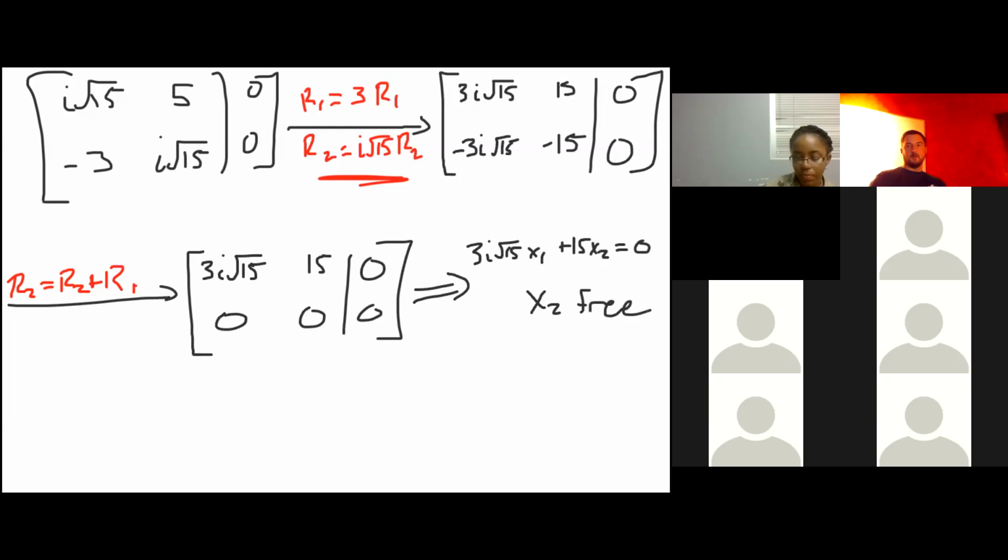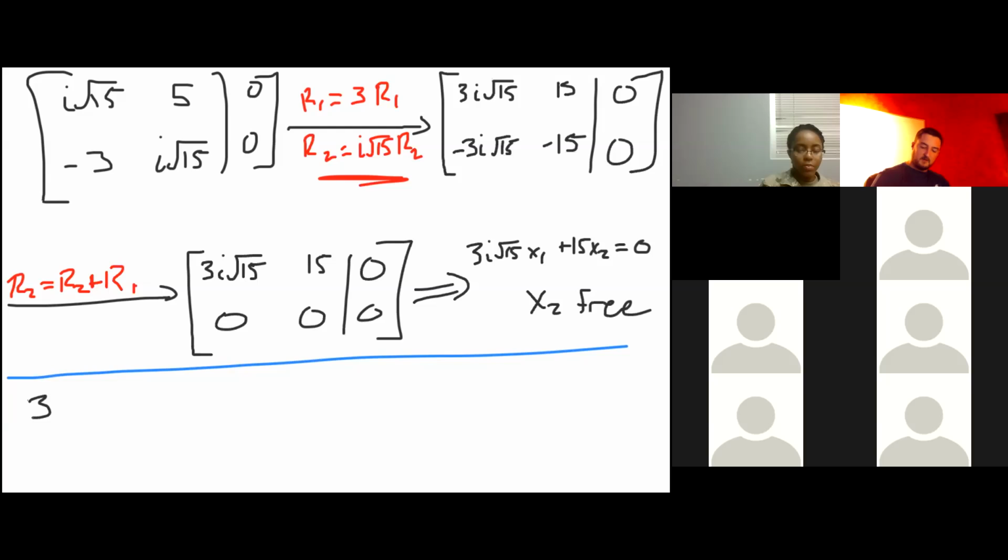x2 here would be a free variable. So then I can solve for x1 with respect to x2. You just block this off so we can figure out how to write x1 in terms of x2.